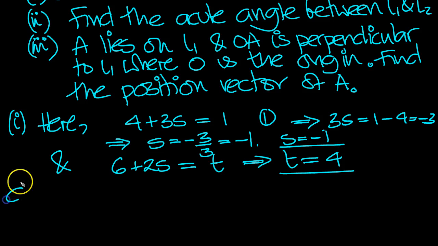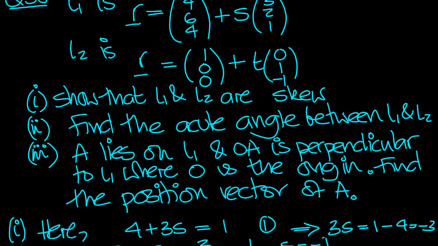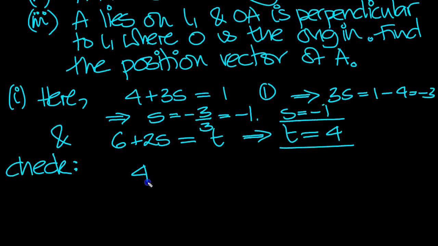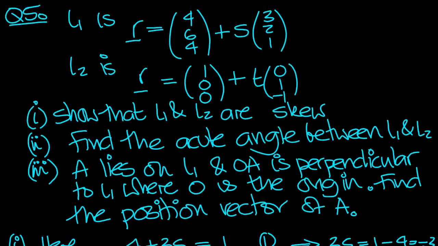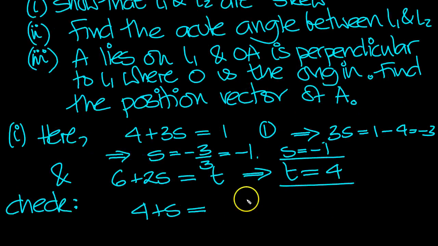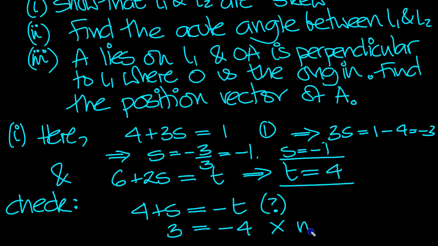Now let's check the z component to see if the lines are skew or whether they intersect. So here, what have we got then? 4 plus s on the one line needs to equal, on the other line, minus t. 4 plus s is minus 1, so 3, equals minus t, which is minus 4, which is not true.